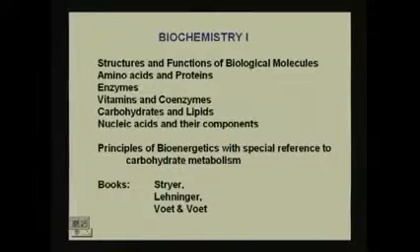All of the topics of this course will be covered in their entirety as is relevant to this course. We then will be considering the principles of bioenergetics with special reference to carbohydrate metabolism.